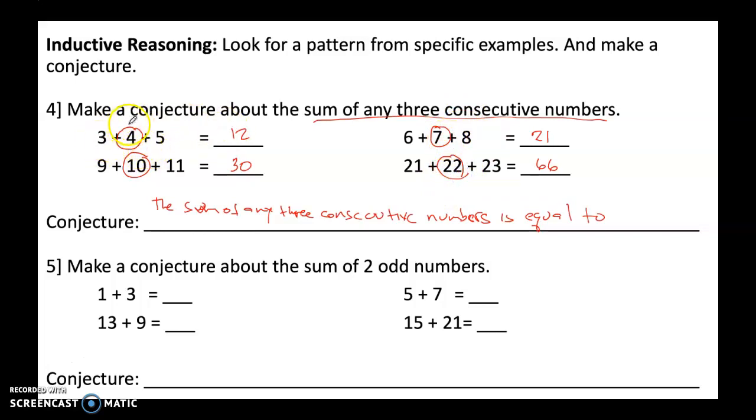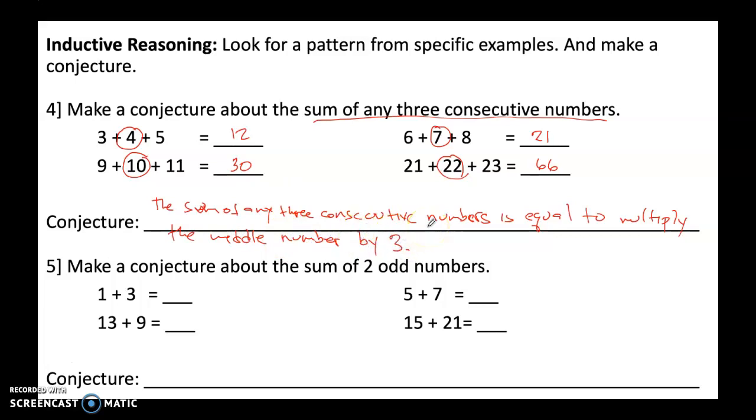3. If we multiply 3 to the middle term, 3 times 4, that is 12. 10 times 3 is 30. 7 times 3 is 21. Then 22 times 3 is 66. So if we need to get the sum of any three consecutive numbers, we just need to multiply the middle number by 3.